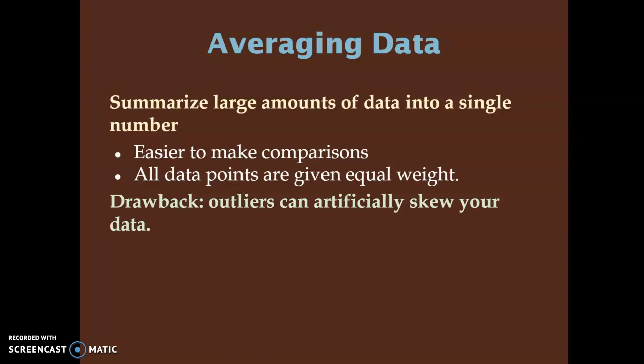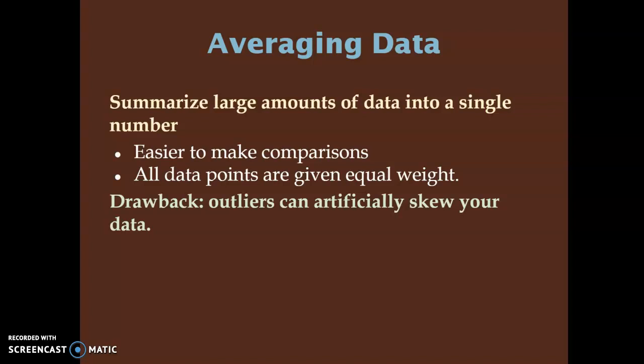And so what we do in order to boil down the data into one number is that we will average the data. This is going to make it easier to make comparisons from one experiment to the next, and all of your data is given equal weight. One drawback is this. Let's say I was doing my experiment and I knocked over the cup of water with my elbow and some of the water spilled out onto my lab table.